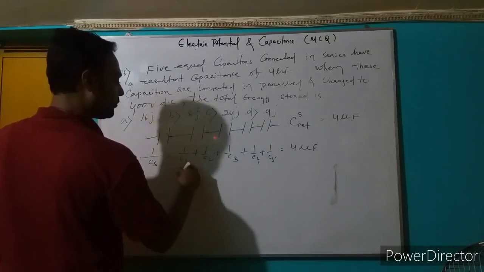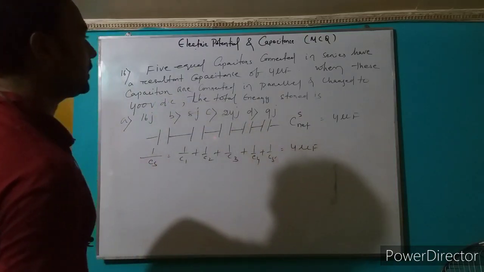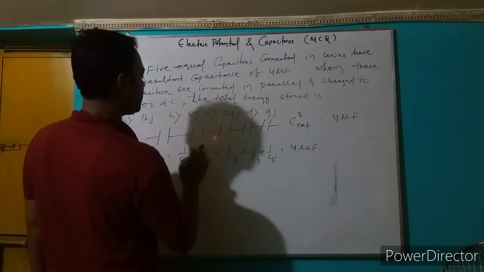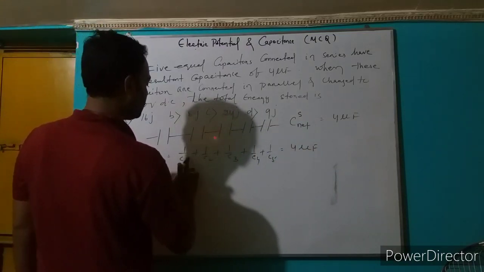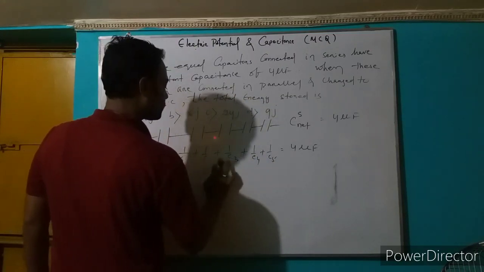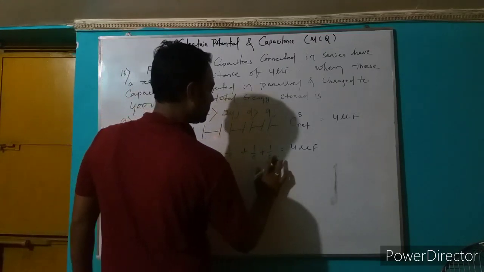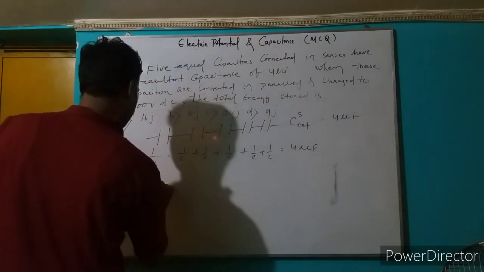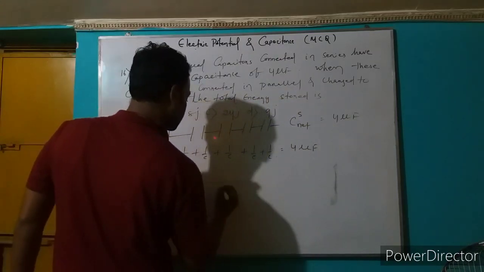Taking the LCM, these are the 5 capacitors, and C1 equals C2 equals C3 equals C4 equals C5, which is equal to C. If you represent the C value, then 1 by Cs equals 5 by C, that means Cs equals C by 5.